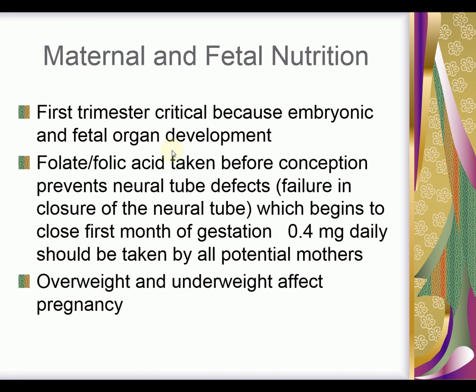If we take folate or folic acid before conception, and I'm sure every one of you pregnant women or non-pregnant women have probably heard about that, this helps prevent neural tube defects, which is basically a failure of closure of the neural tube. And that begins usually during that first month of gestation. So about 4 weeks embryonic stage, we're starting to see that. 0.4 milligrams is what should be taken by all potential mothers.